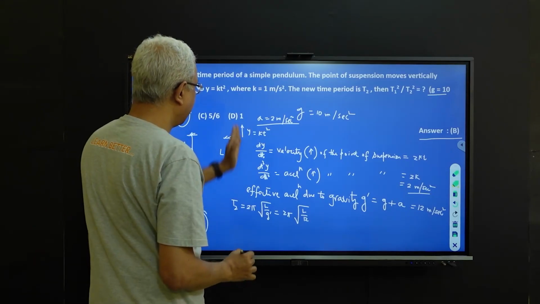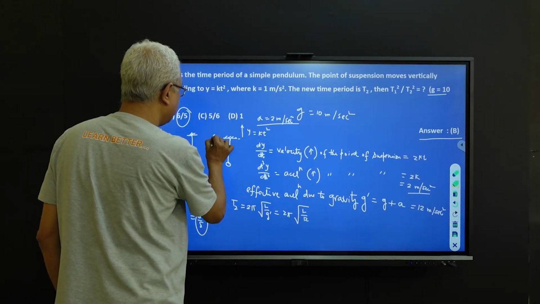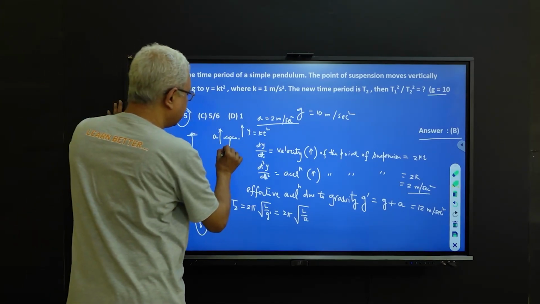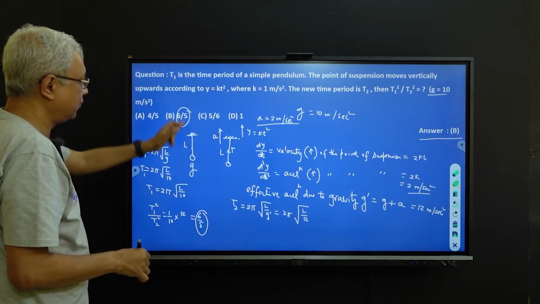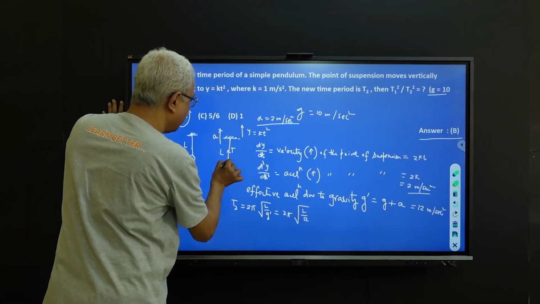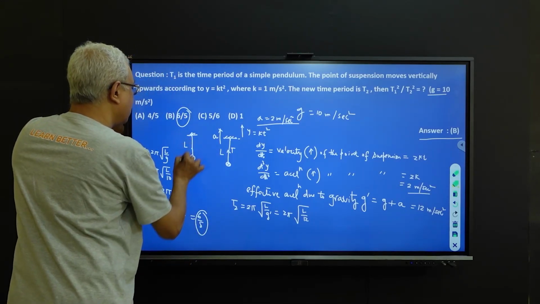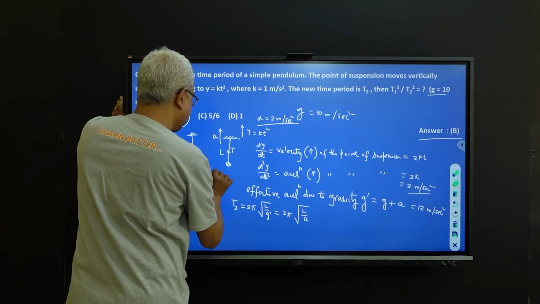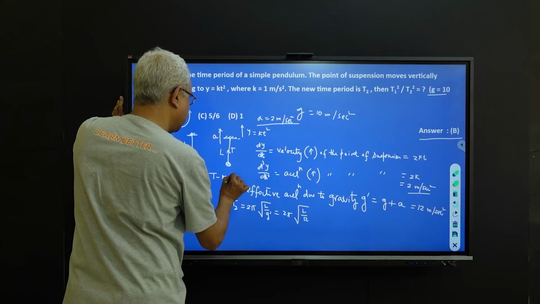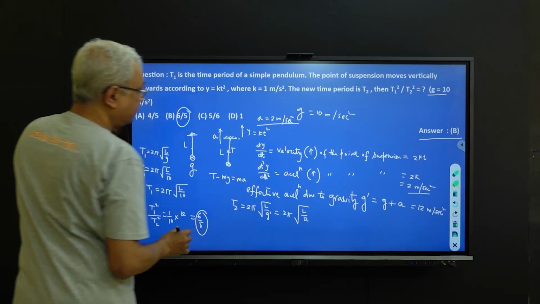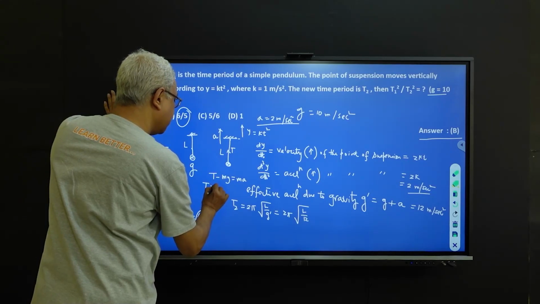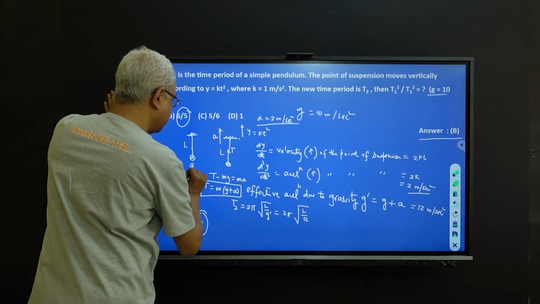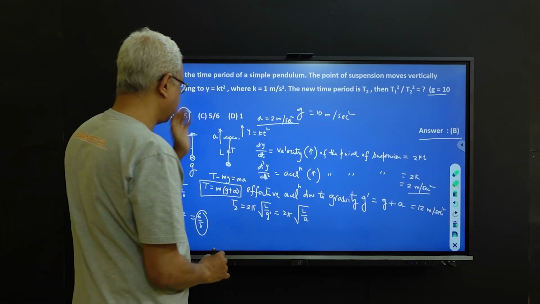So when the point of suspension moves in the upward direction with acceleration a, what happens? Let T be the tension of the wire through which the bob or mass is suspended. So T minus mg becomes ma. So T is m times g plus a when it is moving upward with acceleration.